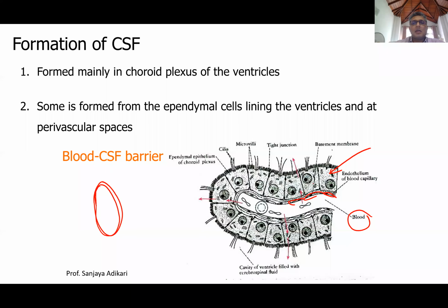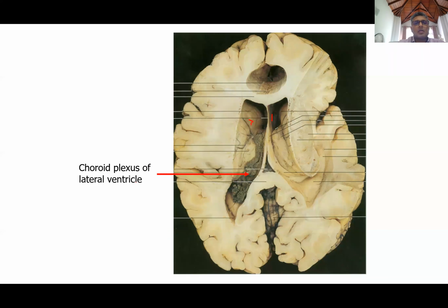The endothelium of the blood vessel together with the ependymal layer of cells forms the choroid plexus that secretes the CSF into the ventricles. Now, once it enters the ventricles, you can see this is the choroid plexus. So the CSF is secreted in the ventricles.